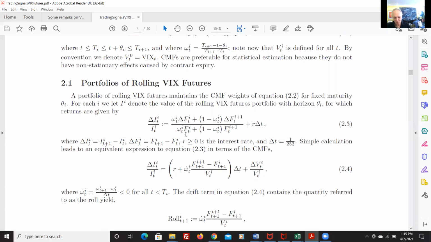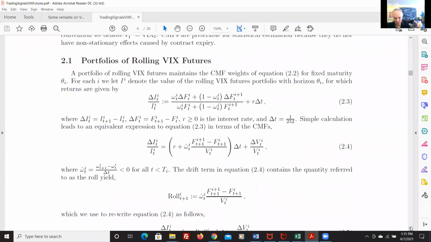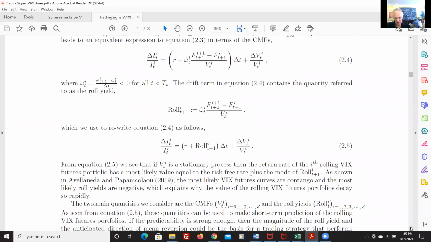That means that we move into a frame where what matters is the shape of the curve in terms of the slope. So you look at the curve, and of course now we're simulating, so we're simulating this to come up with trades.